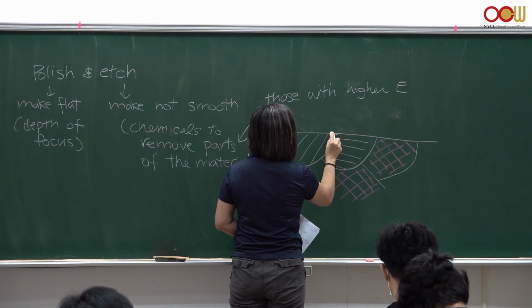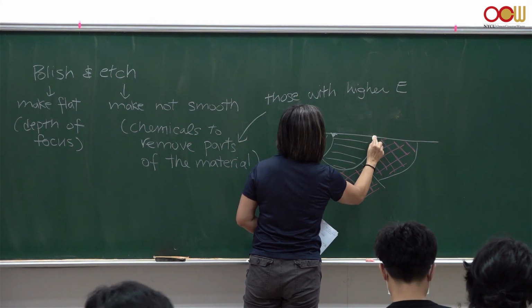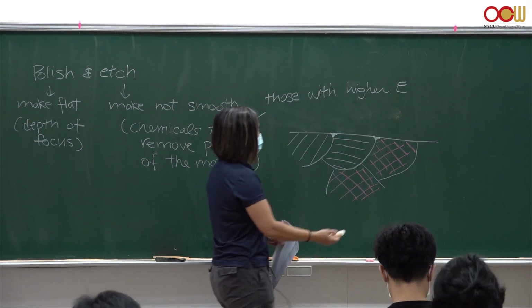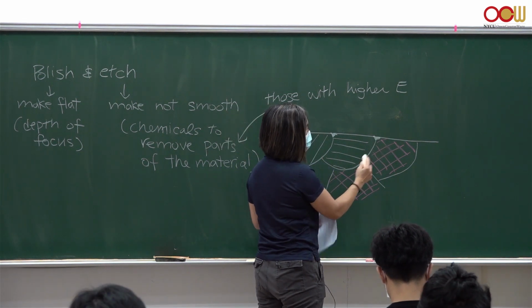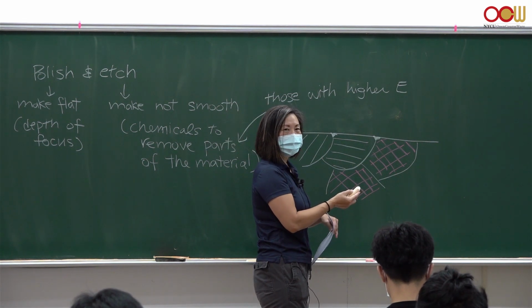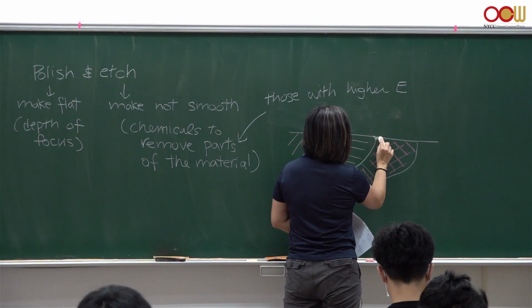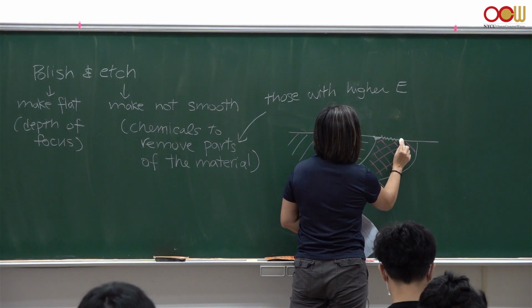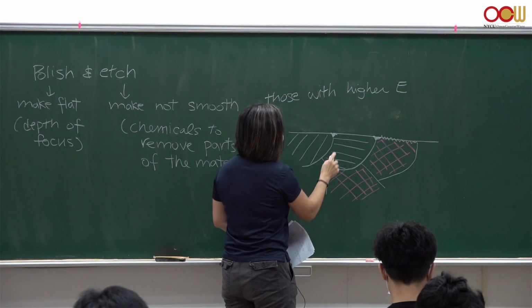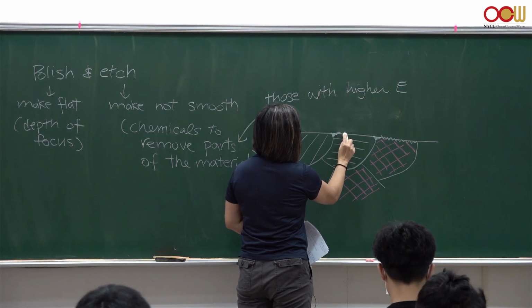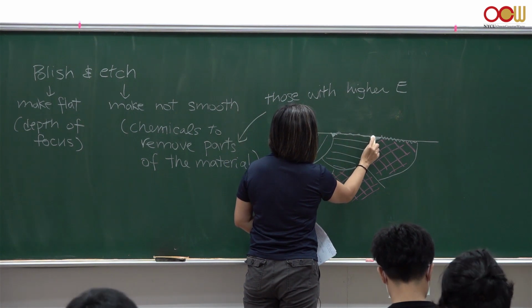So maybe this area will be removed a little bit more. And maybe this phase reacts with a chemical a little differently, so it has a lot of material removed. Maybe this one has just a little bit of material removed.